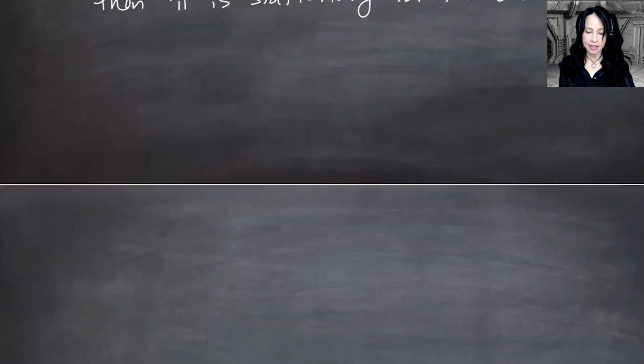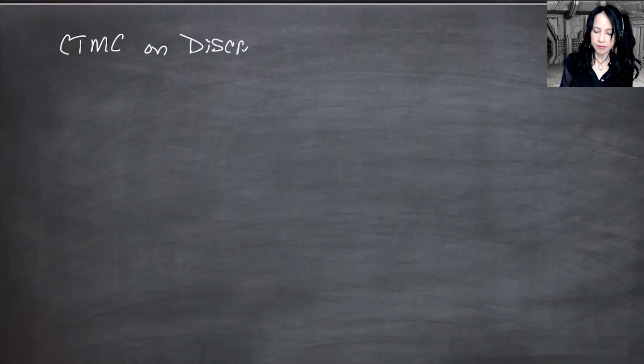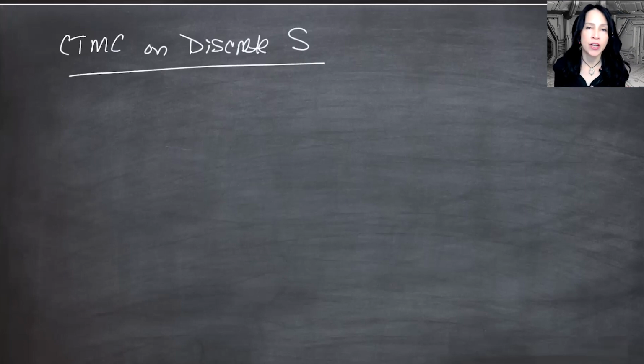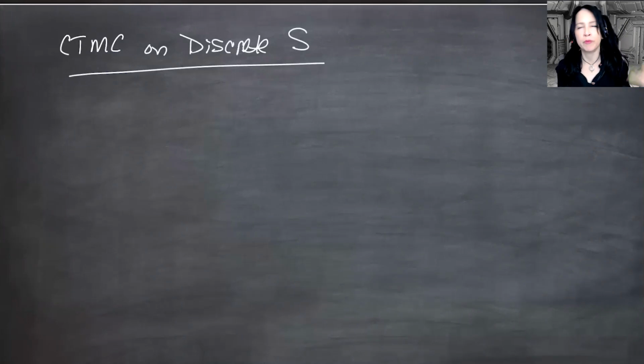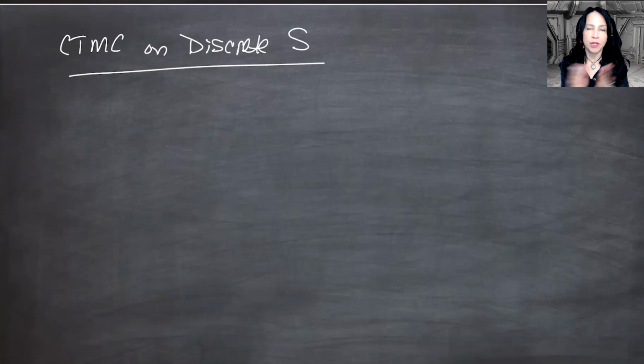Before doing that, let's go back to our discrete state, continuous time Markov chain. So continuous time Markov chain on a discrete state space S. So when we started talking about this, we no longer have the P_ij's. We have P_ij(t), and that's kind of hard to deal with because t can be quite variable and the probabilities are changing as t is changing.